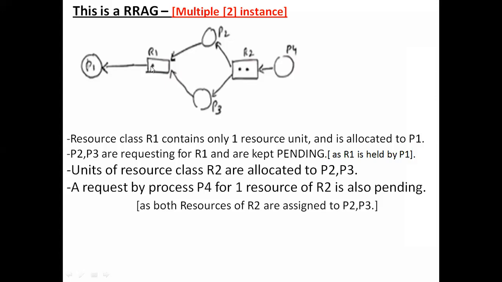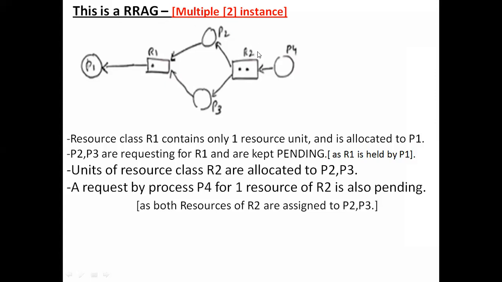As you can see here, the resource class R1 has only one device, or one instance, or one resource. And in case of resource class R2, this has two resources. This is a simple example of RRAG where we have multiple instances.